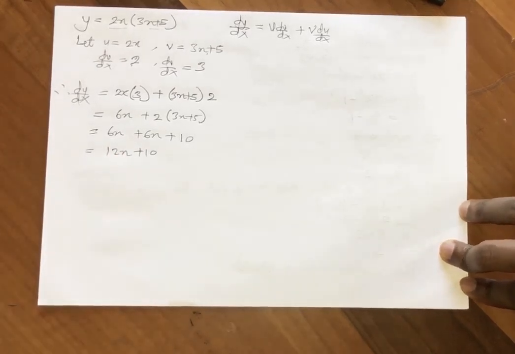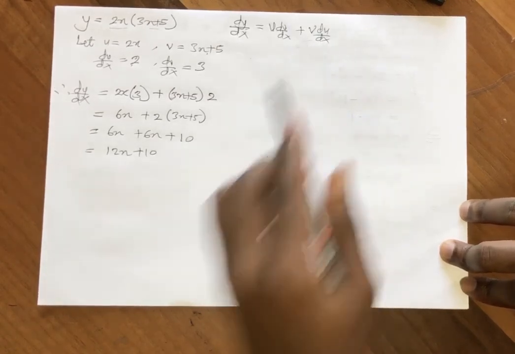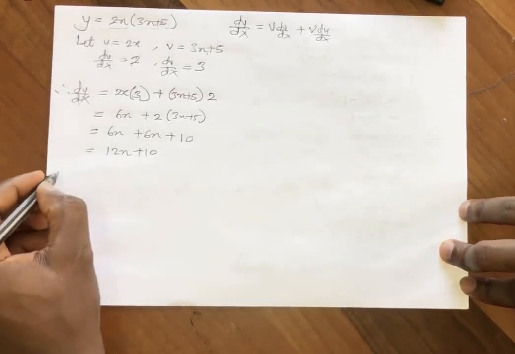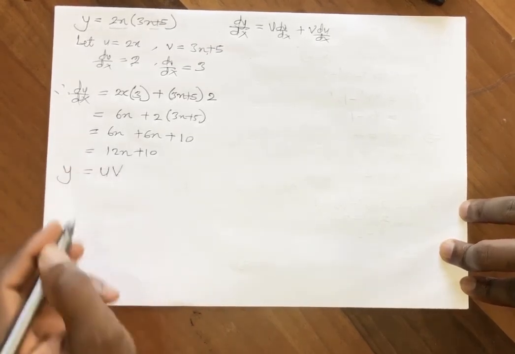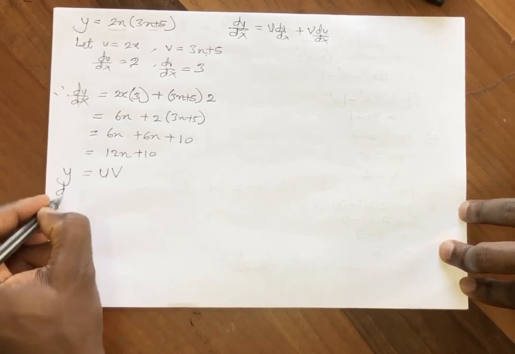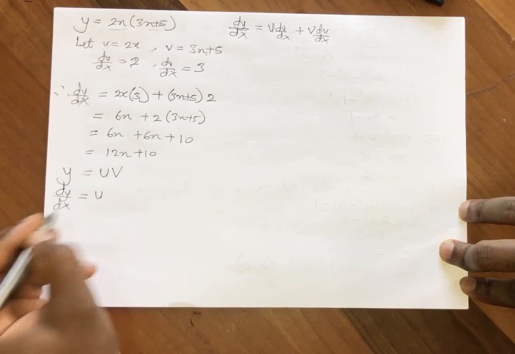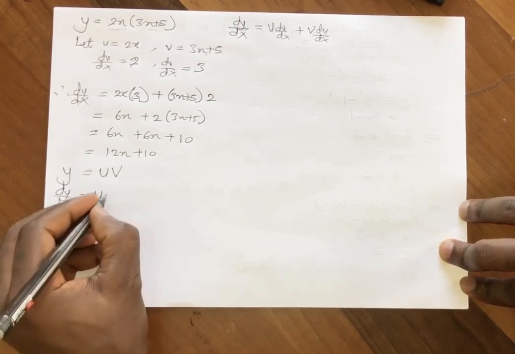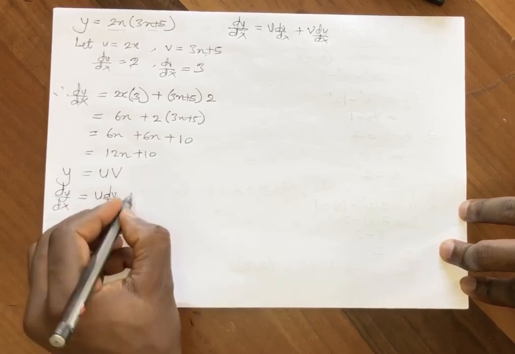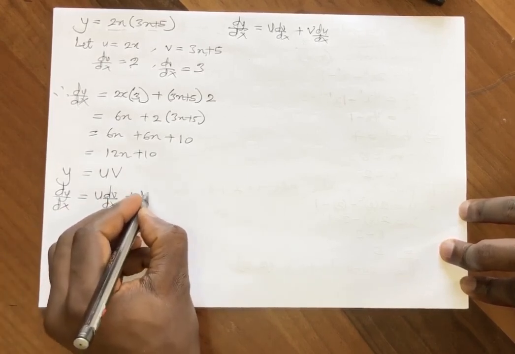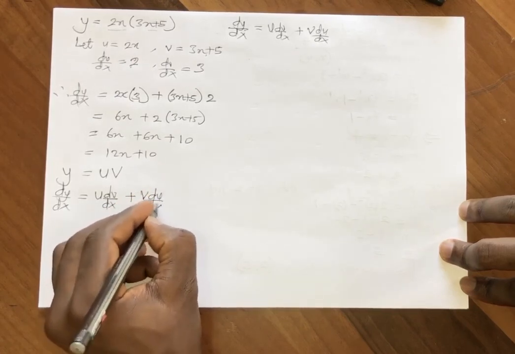Now, you don't always need this formula. The meaning of this formula is that if you have y equal to two functions, u and v, what this formula is saying is: maintain the first function and differentiate the second function, plus now maintain the second function and differentiate the first function.